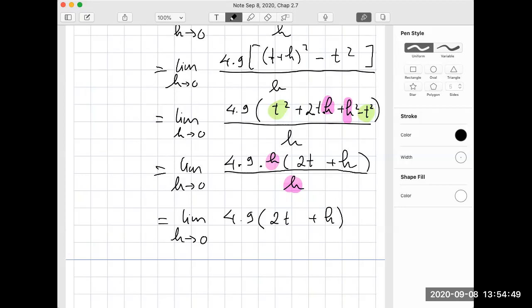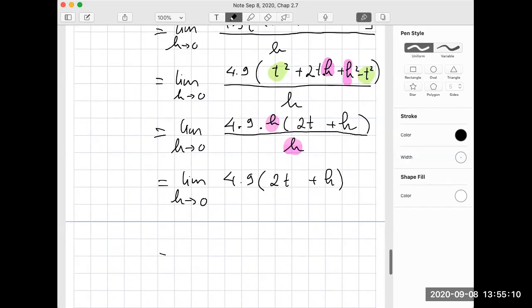Now, this function is a polynomial in terms of h, with a degree 1. So it is continuous in R, therefore it is continuous at 0. It means that we can substitute the value of h to be 0 right here.